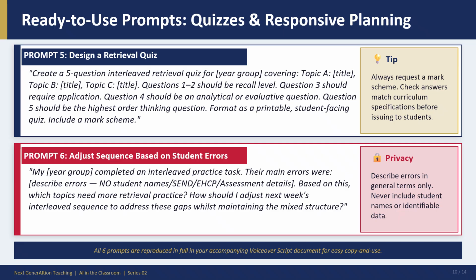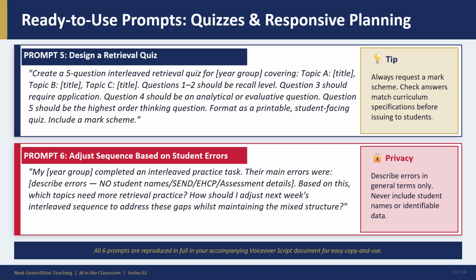A quick privacy reminder. Describe errors in general terms only. For example, students confuse the method for, or a common mistake was. Please never include student names, SEND information, assessment grades, or any personal details or anything identifiable that could show who a student is.